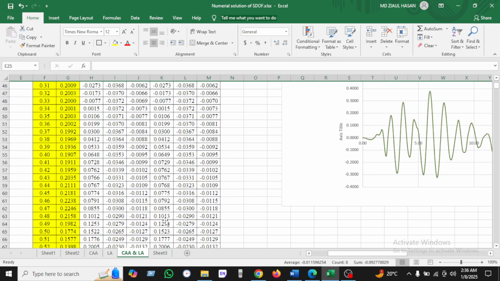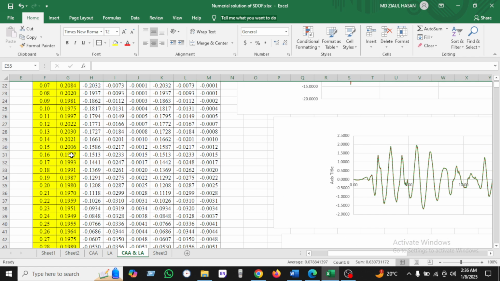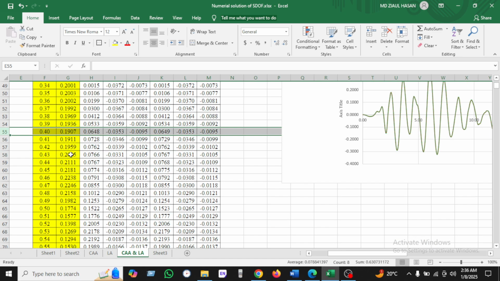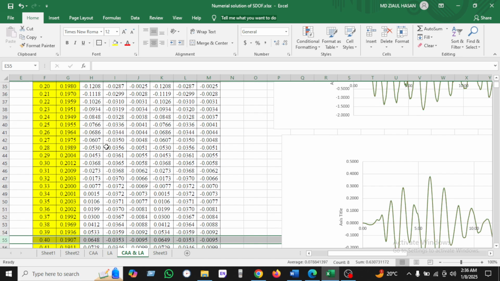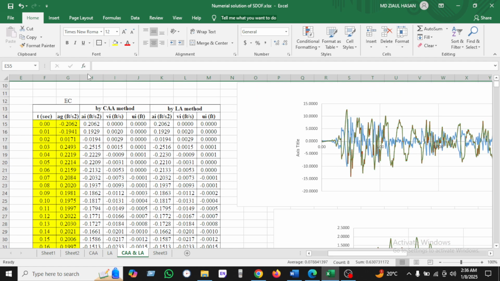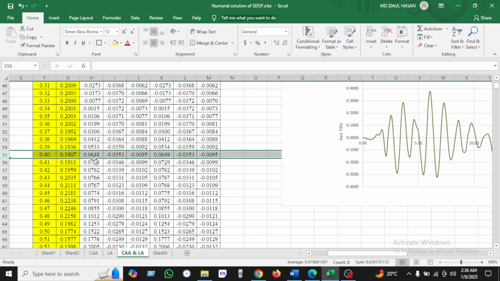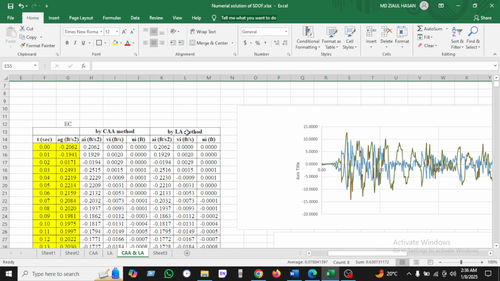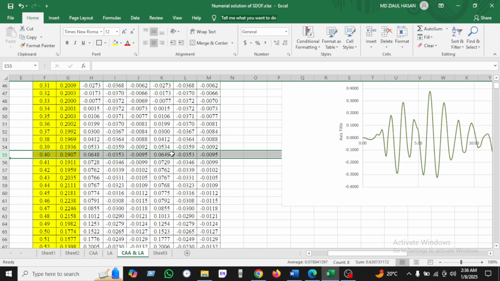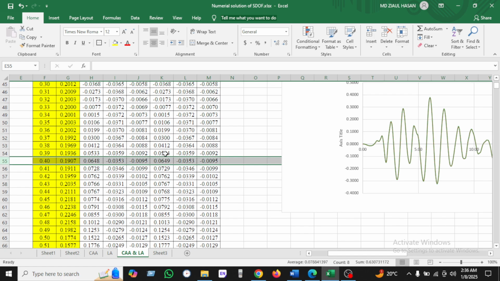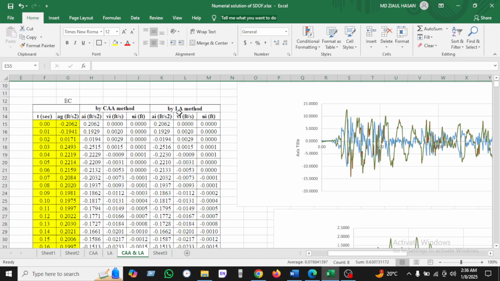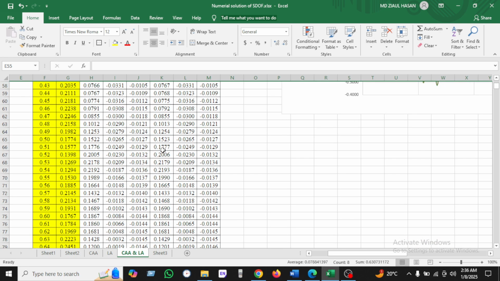When we go to the time interval of 40 seconds, we see the El Centro ground motion acceleration is 0.1970, but here we see the relative acceleration 0648 and 0649. 0649 is the linear acceleration method. So we can see the acceleration is higher in linear acceleration.